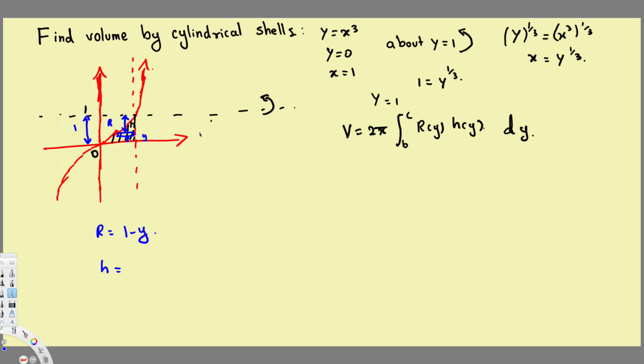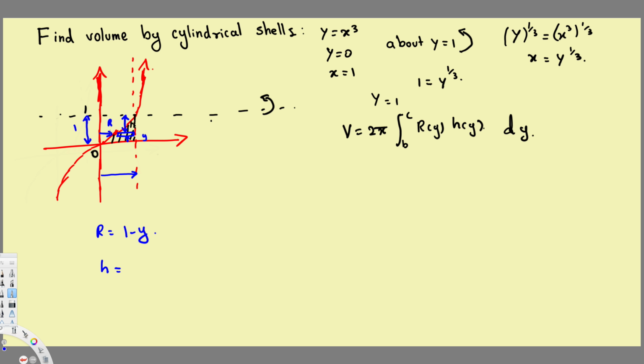If it's parallel to the x-axis, we have to use the right function minus the left function, right? So if we draw an arrow through this region, wherever the arrow touches last, that's going to be the outer region. And if you draw an arrow and wherever the arrow touches first, that's going to be the inner region.